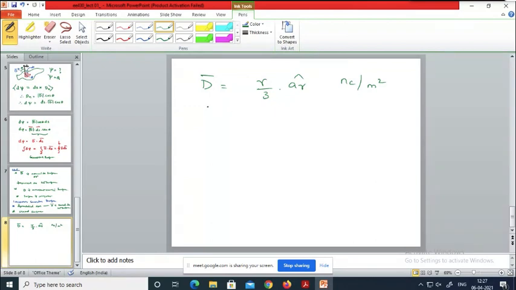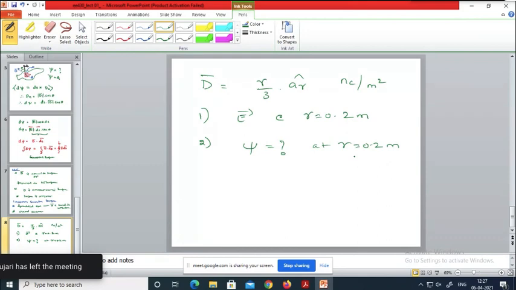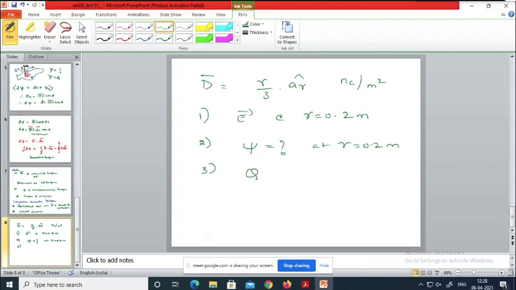You will have to find the E vector at r equal to 0.2 meters, and you will have to find the total flux psi leaving the sphere of radius r equal to 0.2 meters, and the total charge of the sphere of radius r equal to 0.3 meters.